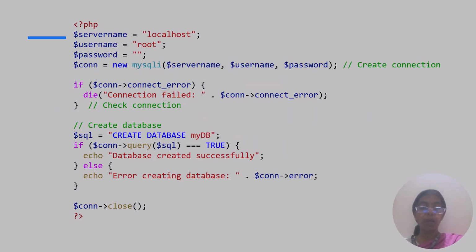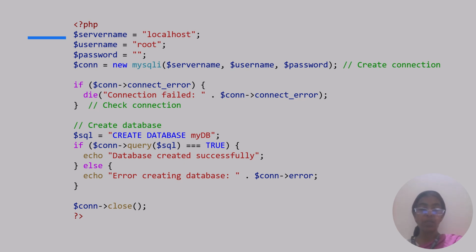First you need to have 3 different values, that is your server name, your username and your password. Your server name is localhost because you have installed XAMPP server in your computer, so that is called localhost. Then your username is root because we are going to work in the root username, and password is blank.